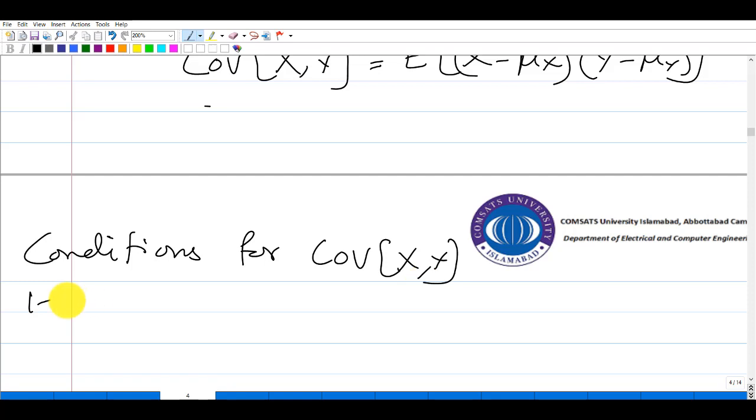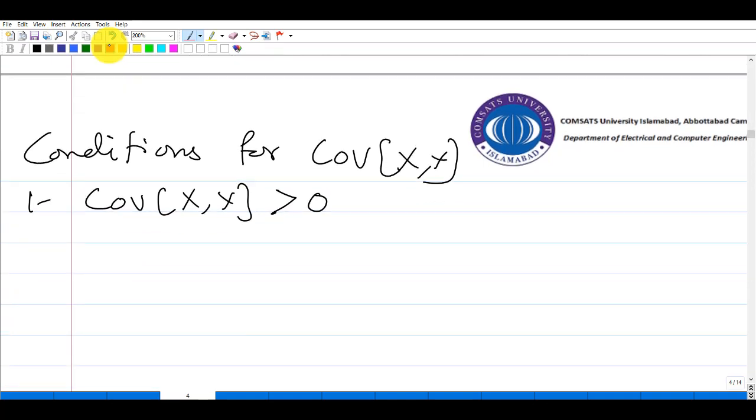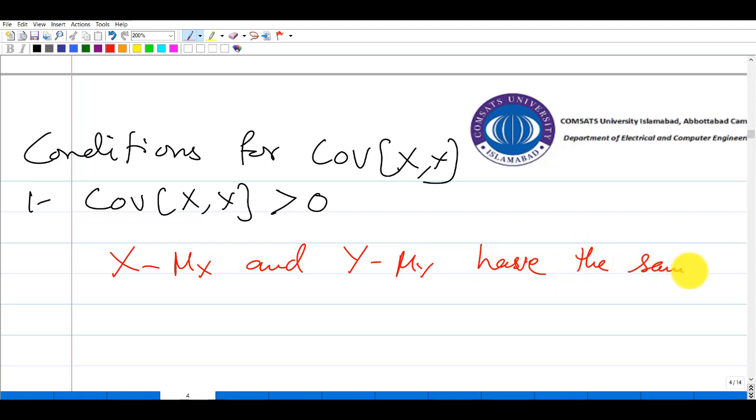For the first condition, if the covariance of X,Y is greater than 0, meaning it is a strictly positive value, it simply means that X minus mu X and Y minus mu Y have the same sign, meaning both could be positive or both could be negative.